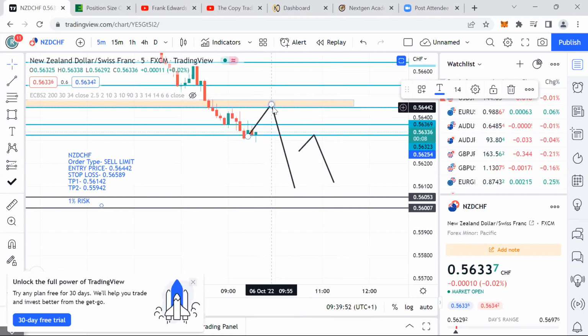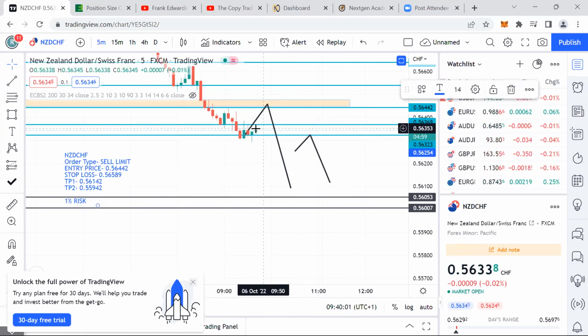Like we put here, this should be your entry. If anybody entered here, you can see all these candles just playing around here. So it will be better if it pushes up and then starts dropping, or it breaks this, comes up here and starts dropping.